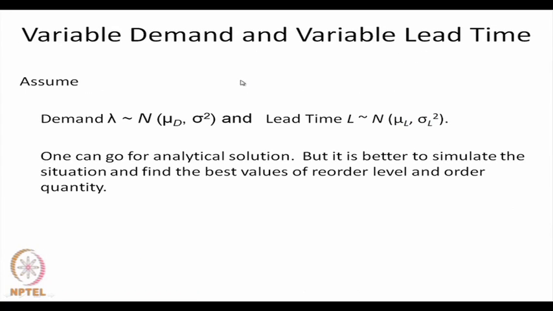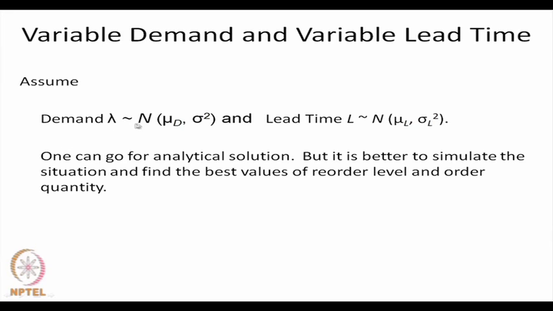Now, we can consider the more general case of variable demand and variable lead time. Now, this is more difficult, and one can of course go for analytical solution. However, one can also go for simulation, because it is a little more complex case.